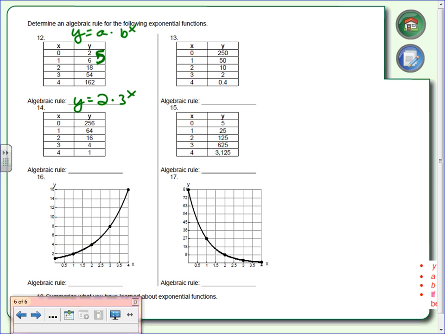Let's try number 14. It's just like number 12. I'm going to write the rule again. Where are we going to find A again? Next to 0. What is the number you see next to 0? 256. Now I need to know what B is. B is the successive ratio. It's this number divided by that number: 64 divided by 256.